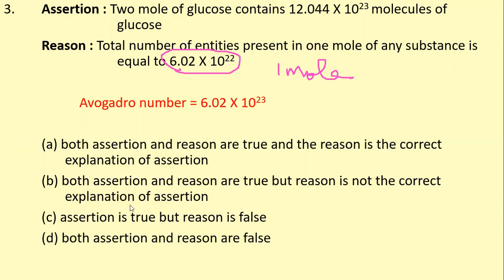So only option C is relevant to the question, because the assertion is true. What they gave is true, but the reason is false. Why is it false? Because it is not matching with the Avogadro number. So only the reason is false. Next we'll move on to the fourth problem.